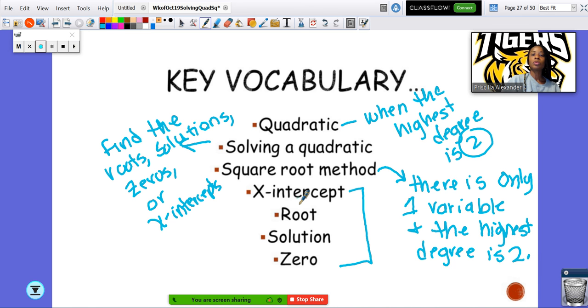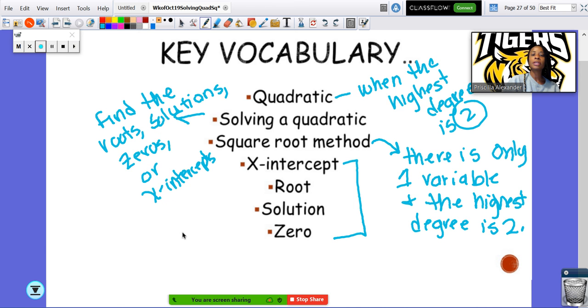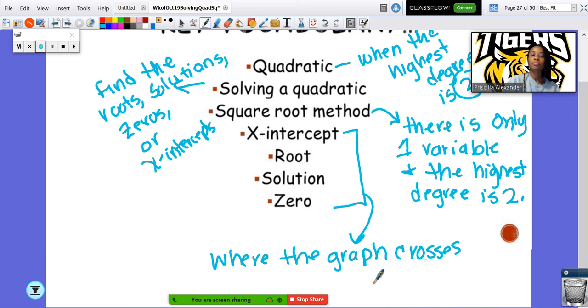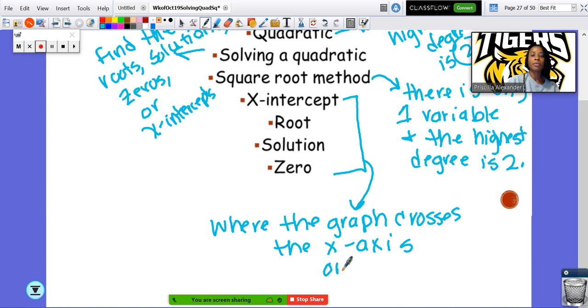So here, x-intercepts, roots, solutions, and zeros are all where the graph crosses the x-axis, or where y is 0.